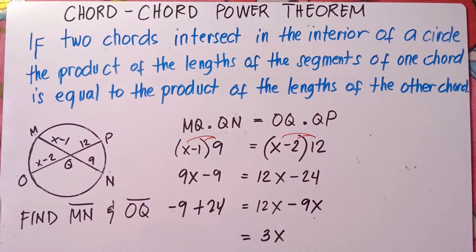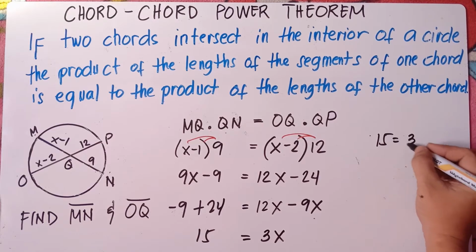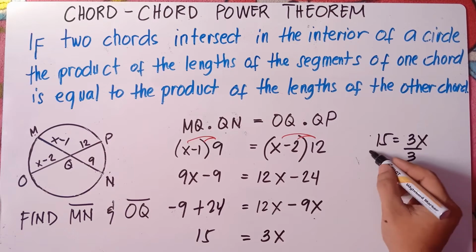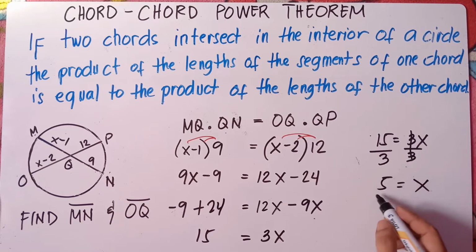So 24 minus 9 is 15, and 24 is bigger than 9, so copy positive: positive 15. Next, 15 equals 3x. Divide both sides by 3 to get the value of x. So x equals 5.